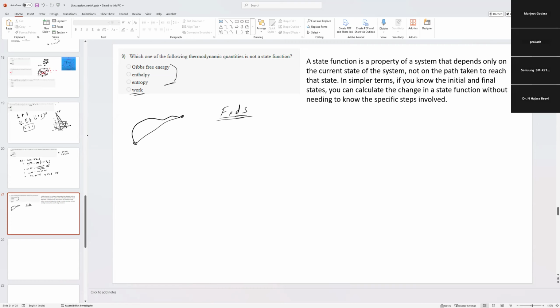So work done by friction is force into displacement plus path differences. This is just one example. Work done by a piston is again a path dependent function. So this is a path function. It's not a state function.